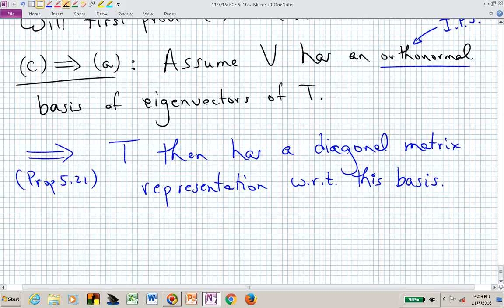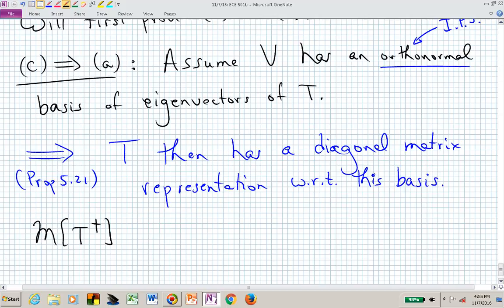If T now, that operator, has a diagonal matrix representation, what do we know about the matrix representation of the adjoint of T? How is the matrix representation of T related to the matrix representation of its adjoint? Those are related by this complex conjugate transpose relationship.